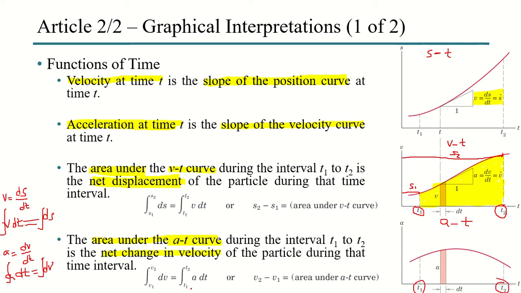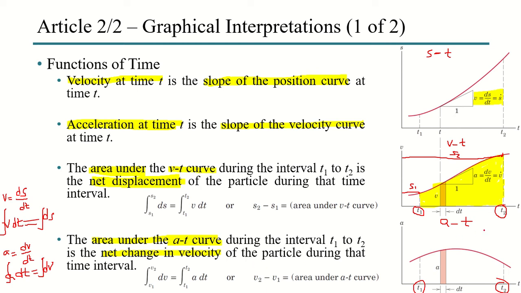After evaluating this integral, we have this result, because the integral of dv is v, with lower limit v1 and upper limit v2, so you subtract, v2 minus v1 equal to whatever the result here, which is the area under the a-t curve. So you get the net change in velocity.